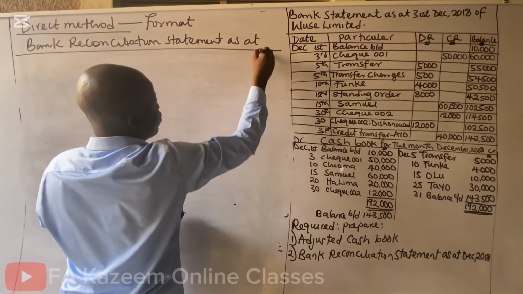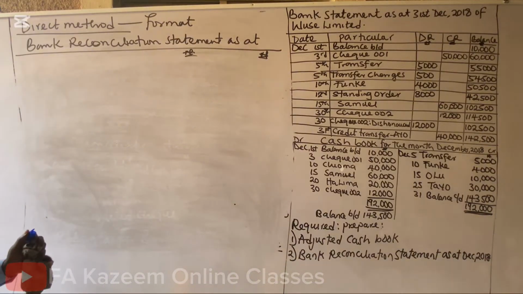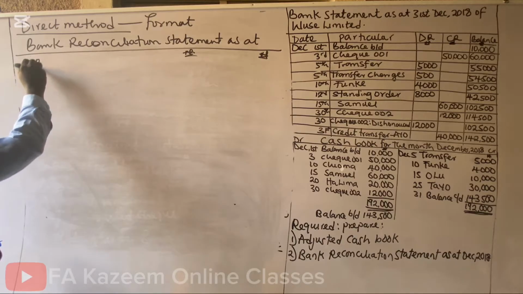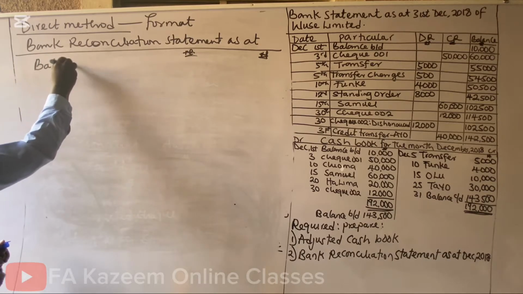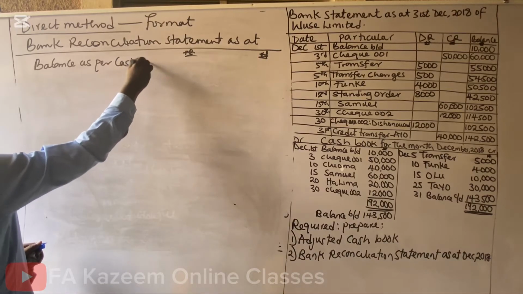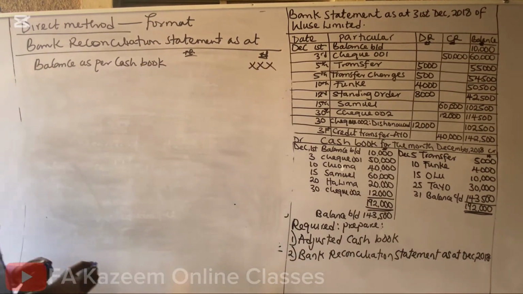What's the difference? The difference is that under the direct method, there's nothing like adjusted cash book. You just go straight to bank reconciliation and you start with balance as per cash book.